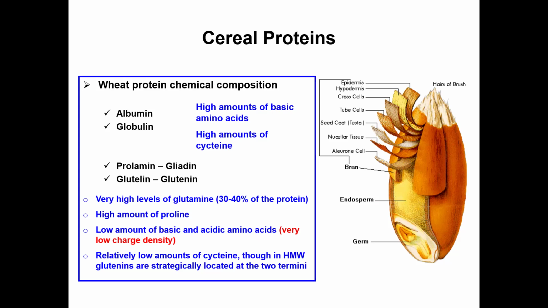They don't have a lot of cysteine groups, but the cysteines are positioned strategically in the extremities of the protein, like on the C terminal and the N terminal, and that facilitates the intermolecular interaction.